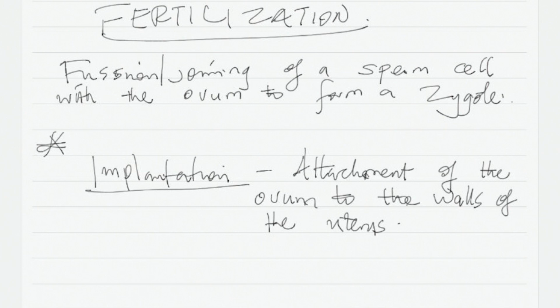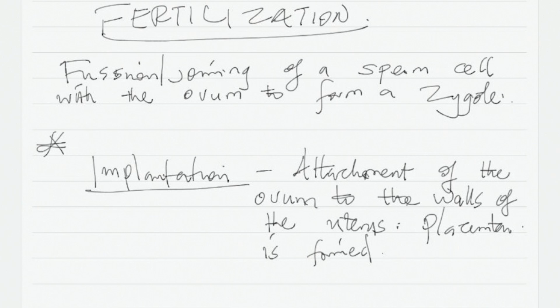When implantation takes place, where the zygote attaches itself to the walls of the uterus, a part known as the placenta is formed.